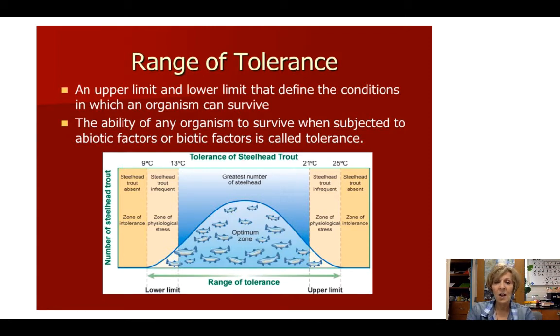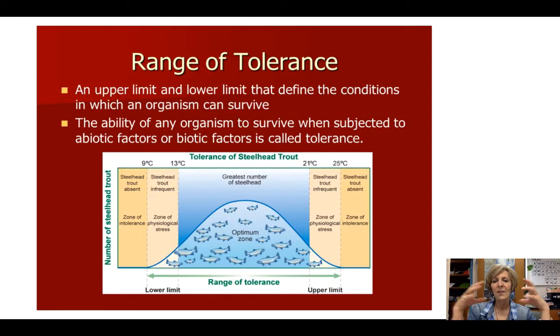So, range of tolerance, what does that mean? Well, we're going to talk about that when we talk about stream study, organisms, and our macroinvertebrates, and how much oxygen dissolved in the water they can use. Temperature is another one.